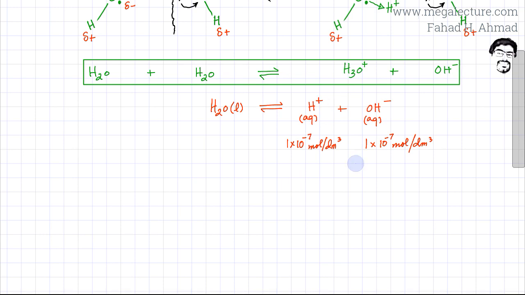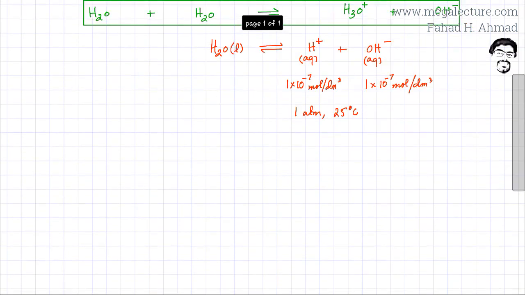And remember, this concentration of H+ and OH- ions is under standard conditions, which is 1 atmosphere pressure and 25 degrees centigrade, or 298 kelvins. So under these conditions, standard temperature and pressure, that would be the concentration of H+ and OH- ions at room temperature.